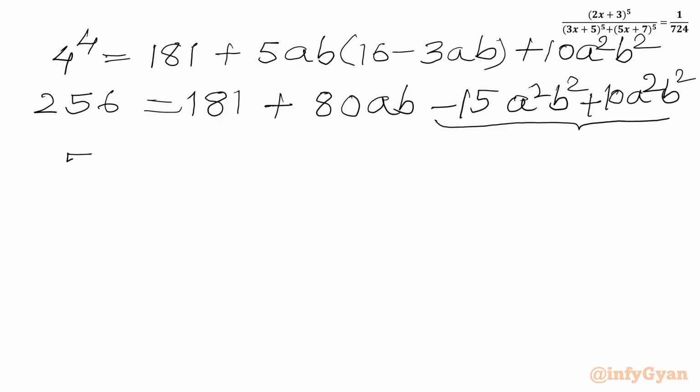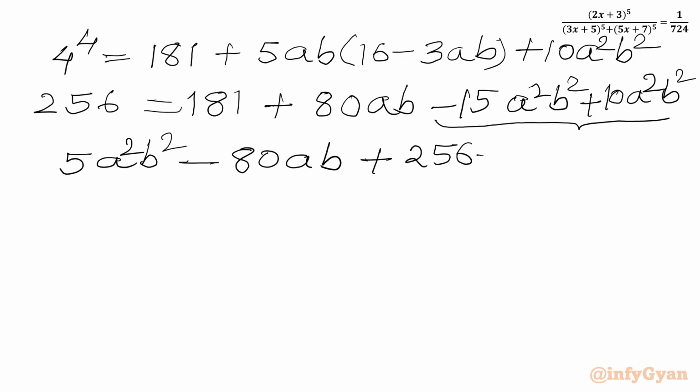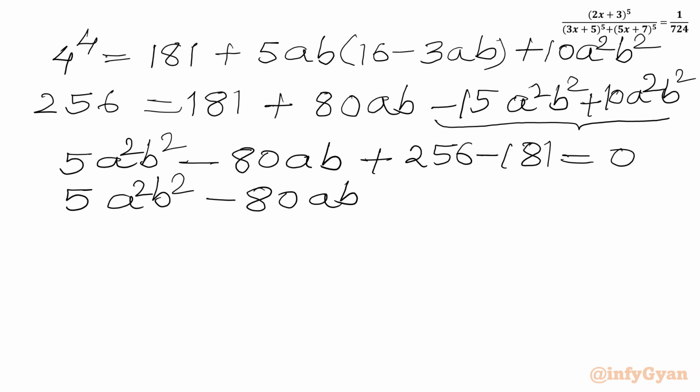So I will write equation 5A square B square minus 80AB plus 256 minus 181 equal to 0. Now I can write 5A square B square minus 80AB plus 256 minus 181 will be 75 equal to 0.